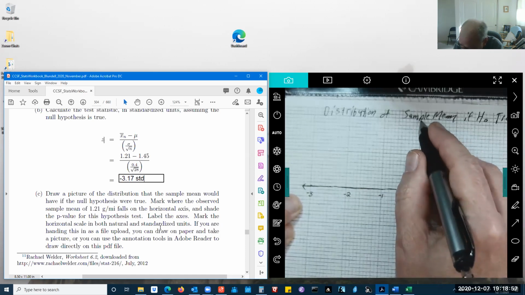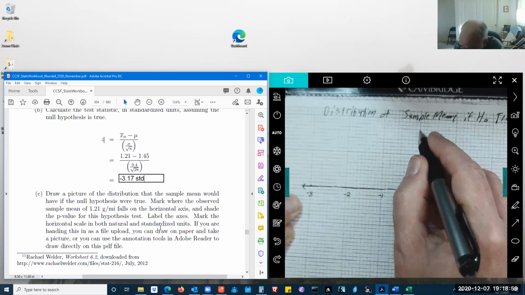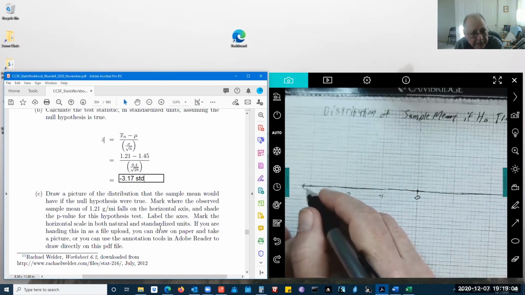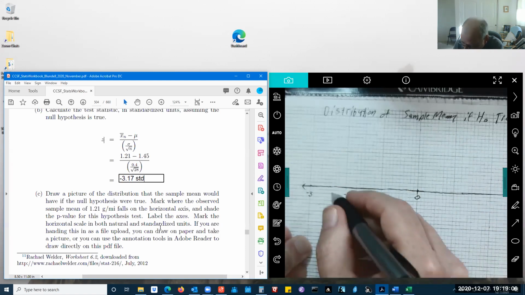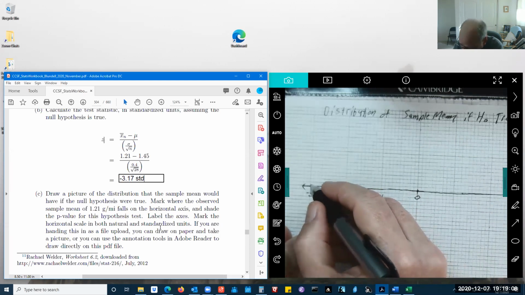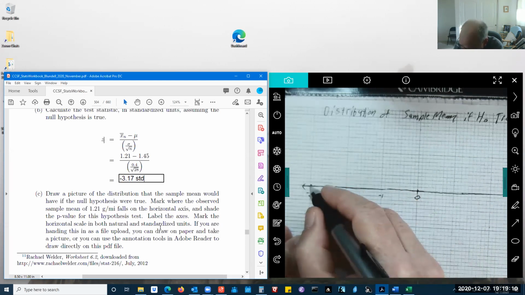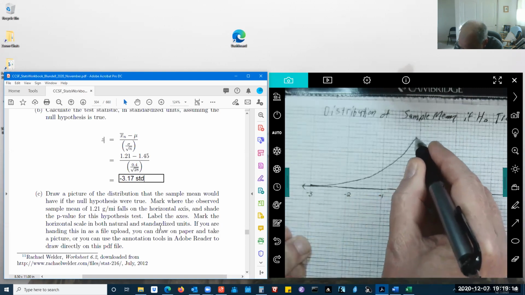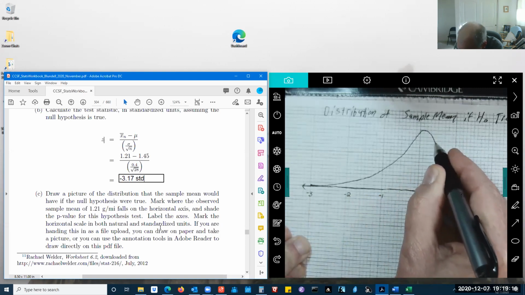So let's see. I'm not going to put a scale on the vertical axis. It tells me to label the vertical axis. I'll do that.